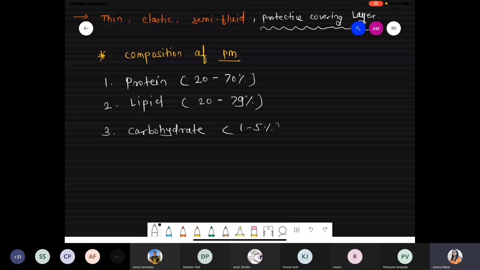Along with that, there is a presence of enzymes. Enzymes also get associated. Approximately 30 enzymes are associated with the plasma membrane.